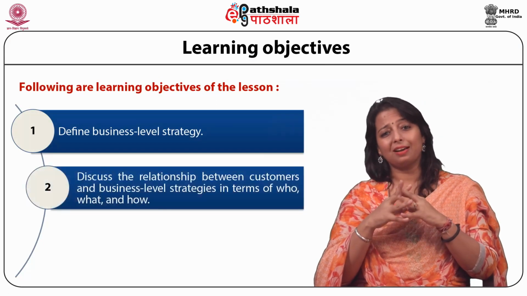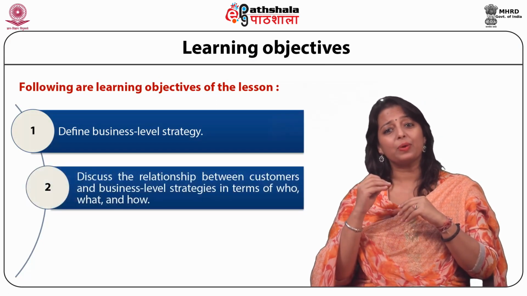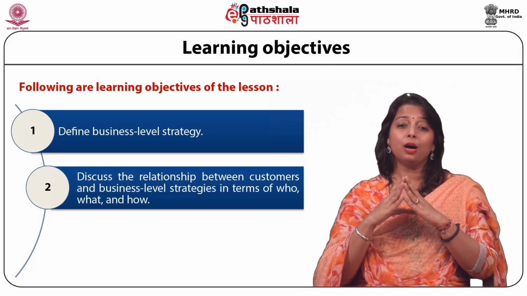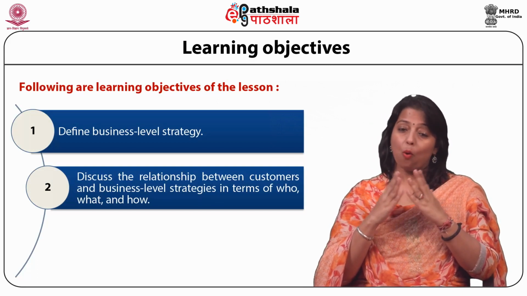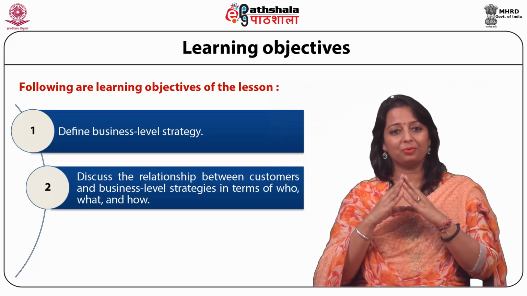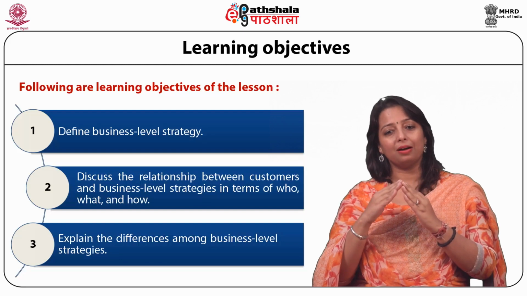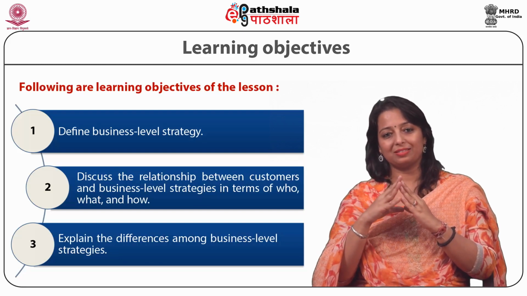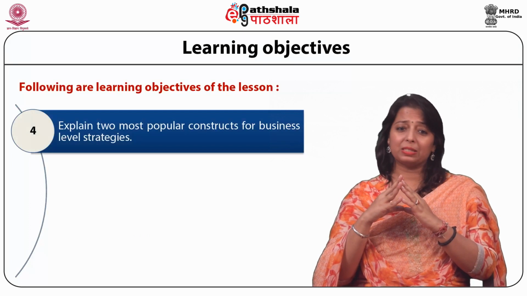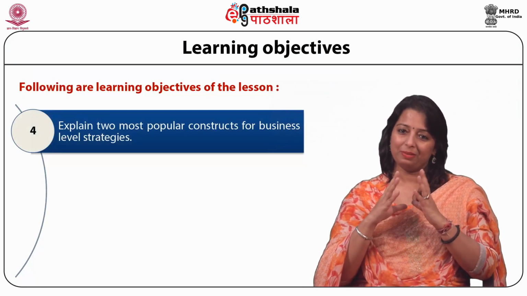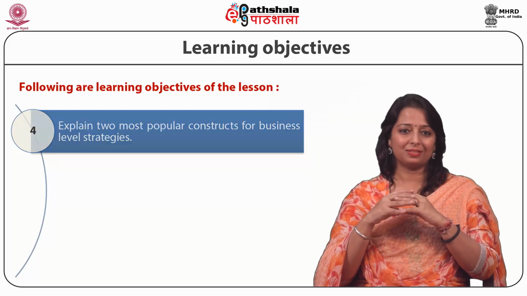We would also discuss the relationship between customers and business level strategies in terms of who, what, and how. We would explain the differences among business level strategies. Also, explain two most popular constructs for the business level strategies.